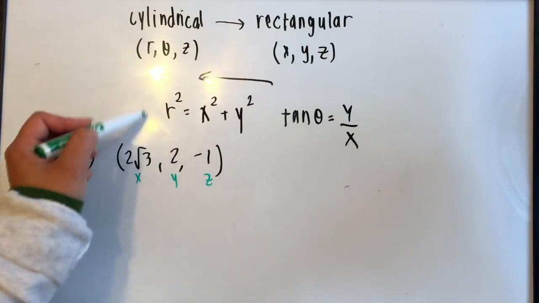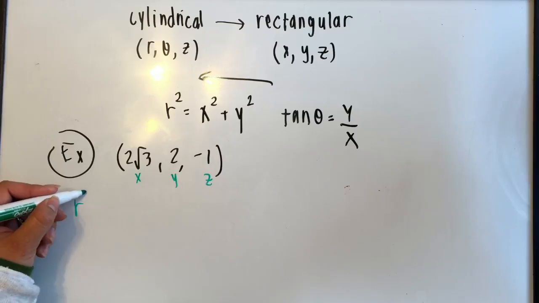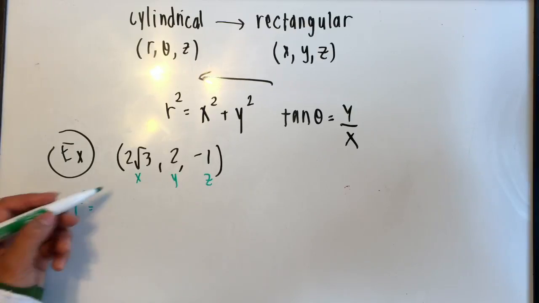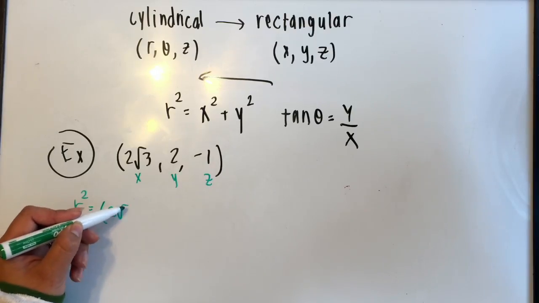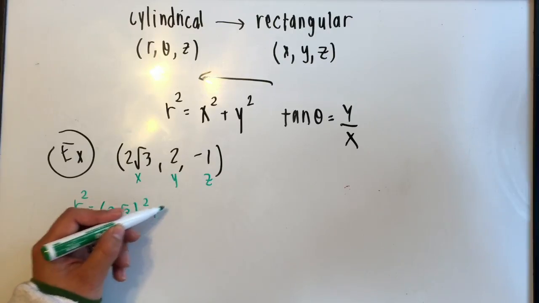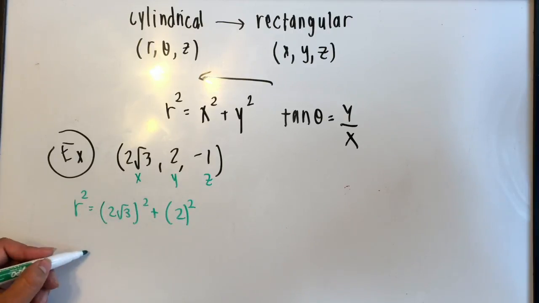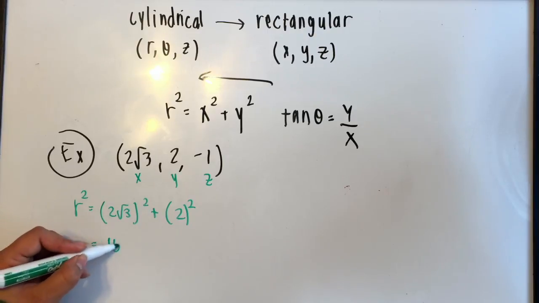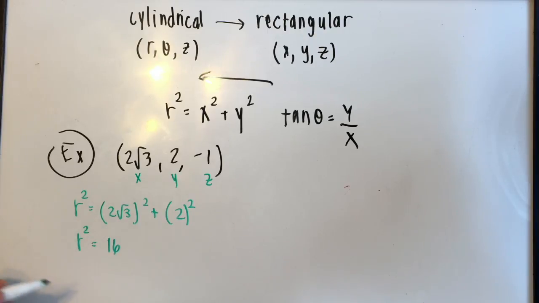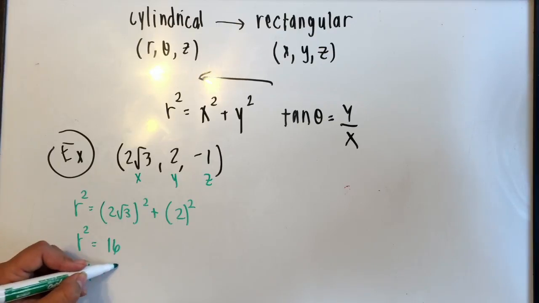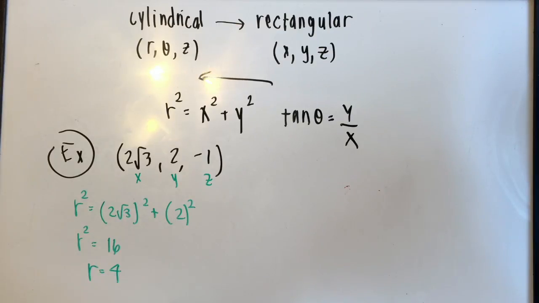So we would plug in to r squared equals 2 squared plus 2 rad 3 squared. So we would get 16. R squared equals 16, so we have r equals 4.